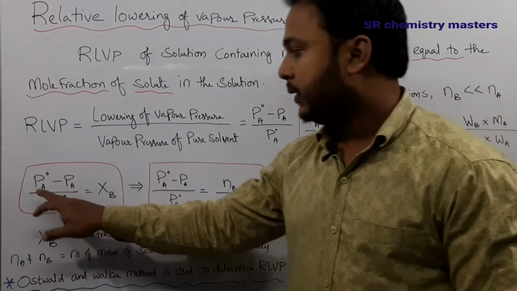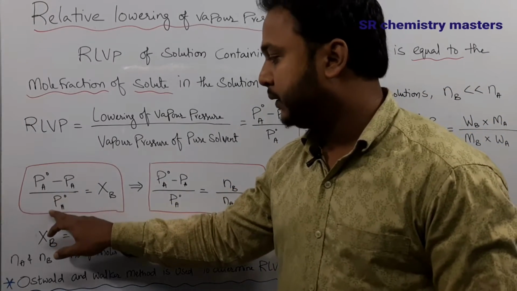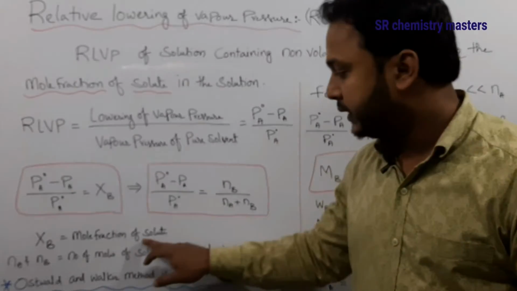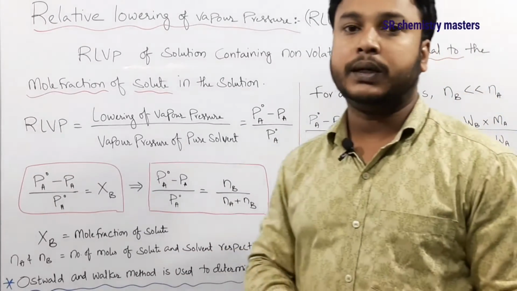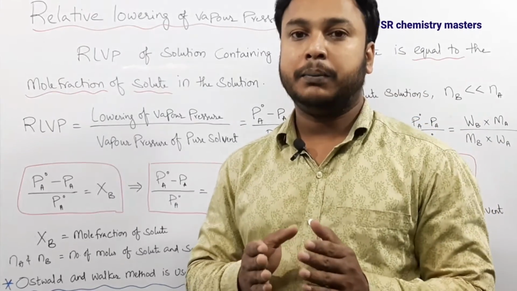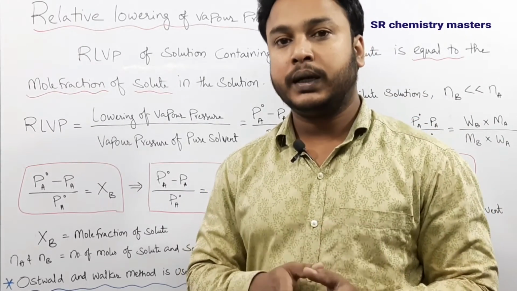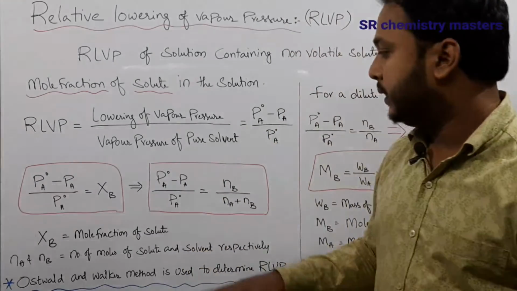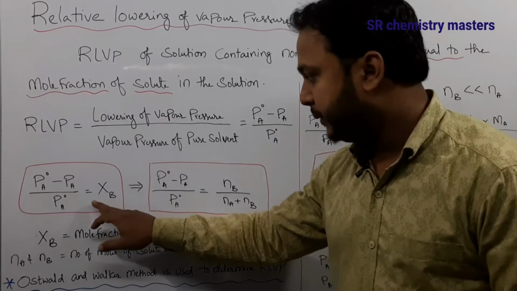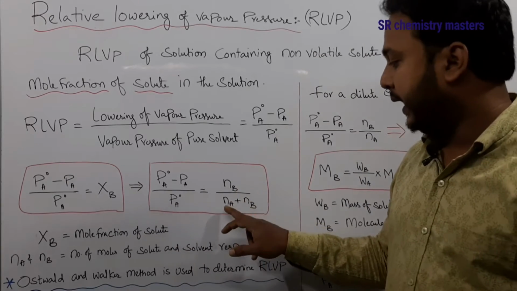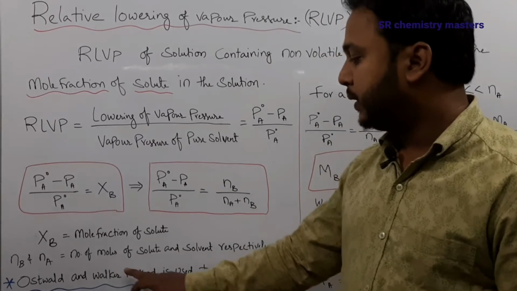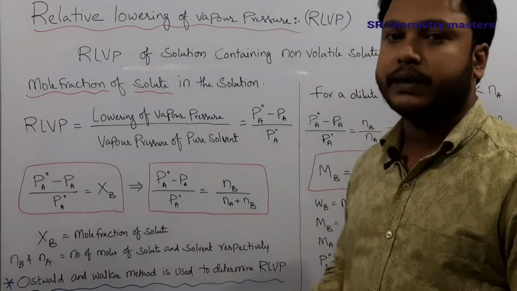Here we can say that PA naught minus PA by PA naught is equal to XB, which is the mole fraction of solute. And we know that mole fraction is the number of moles of solute by the total number of moles of all the components present in the solution. Here XB can be replaced by NB by NA plus NB. Here NB and NA are the number of moles of solute and solvent respectively.